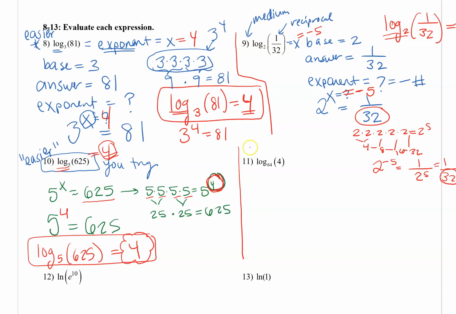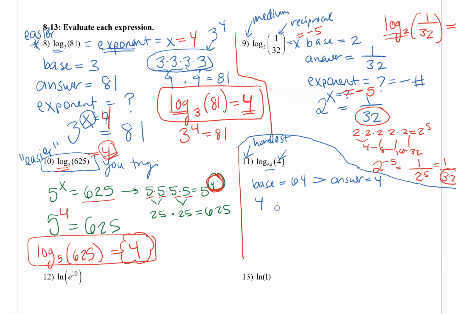Now in number 11, this is the kind that I consider to be the hardest, because you have a base that's larger than your answer. So the base of 64 is greater than the answer, which was 4. So that could only mean one thing.